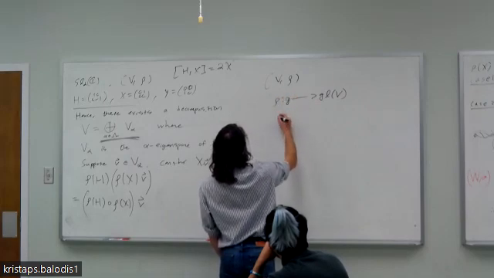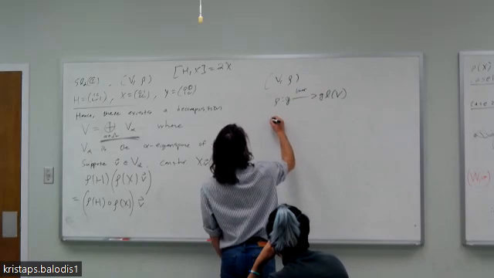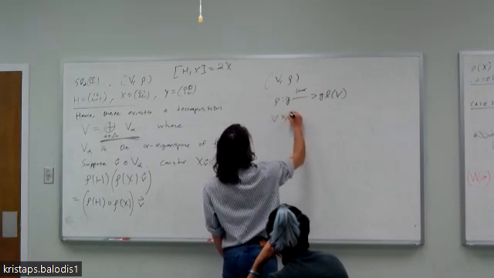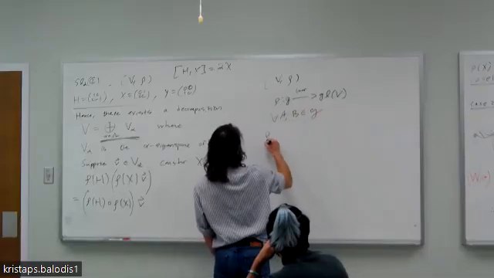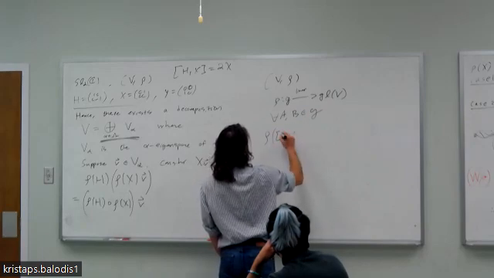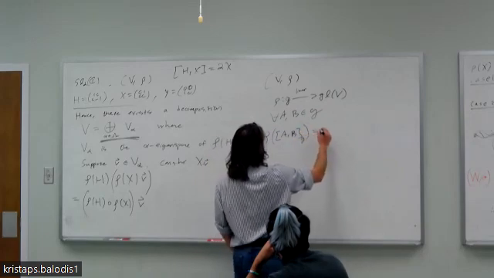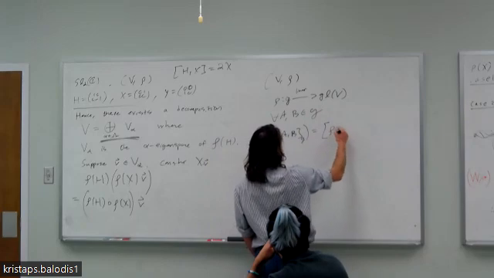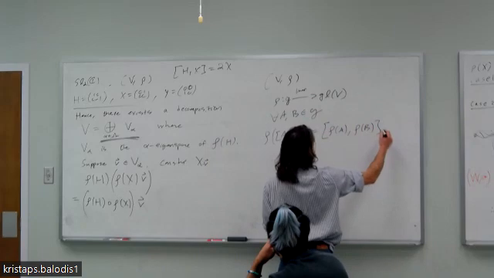For all A and B in G, first off, it's linear. And what else is true? For all A and B in G, row of the bracket of A and B is the bracket of the rows. And in particular, what is the bracket in GL?